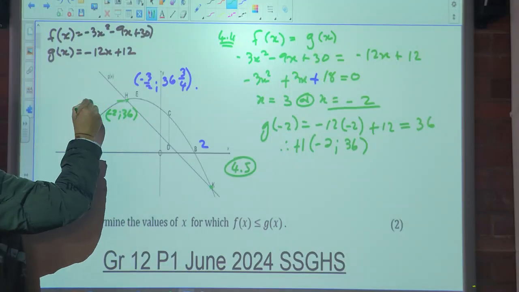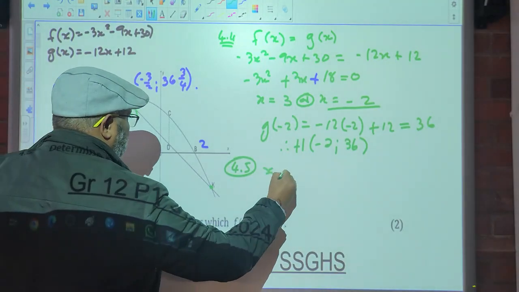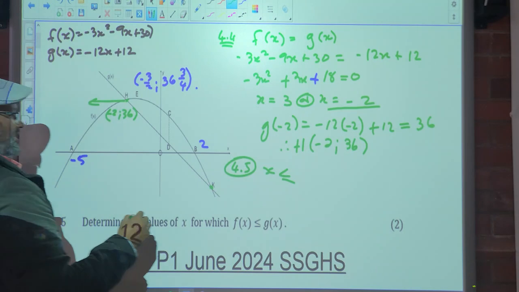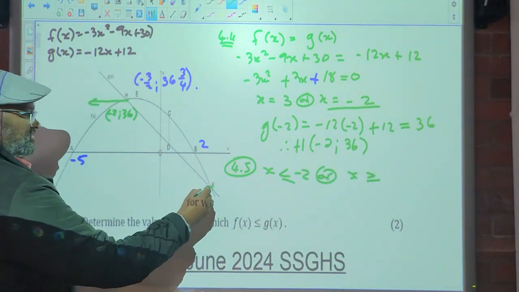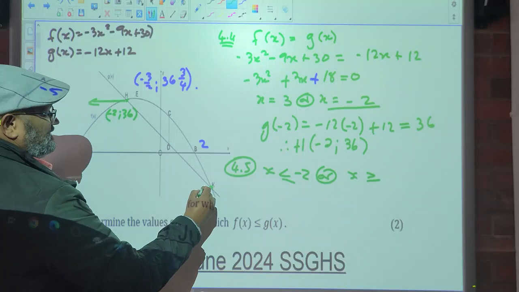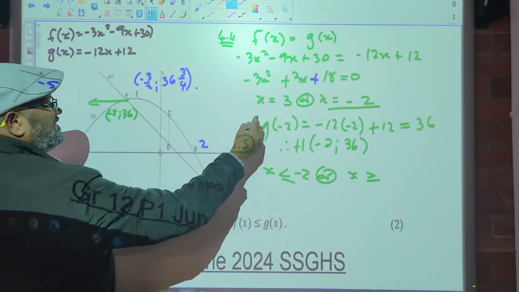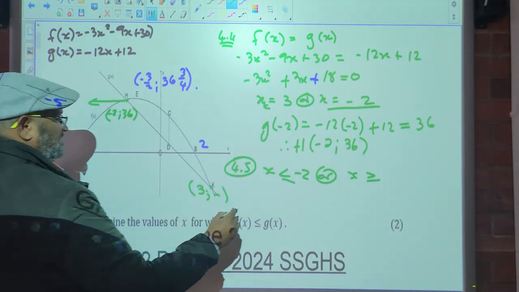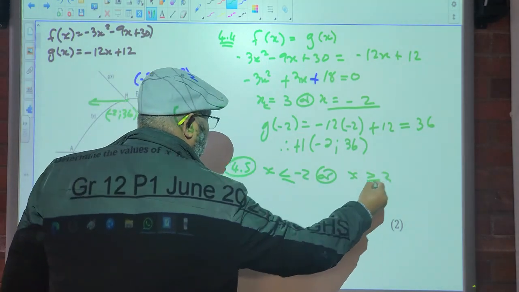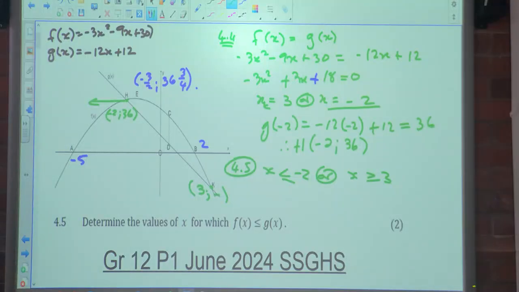So we see it has to go in this direction. So x must be less than or equal to negative 2, or x must be more than or equal to your K value. Your x value here is of course 3. So 3 and some y value. So x must be more than or equal to 3. Okay.